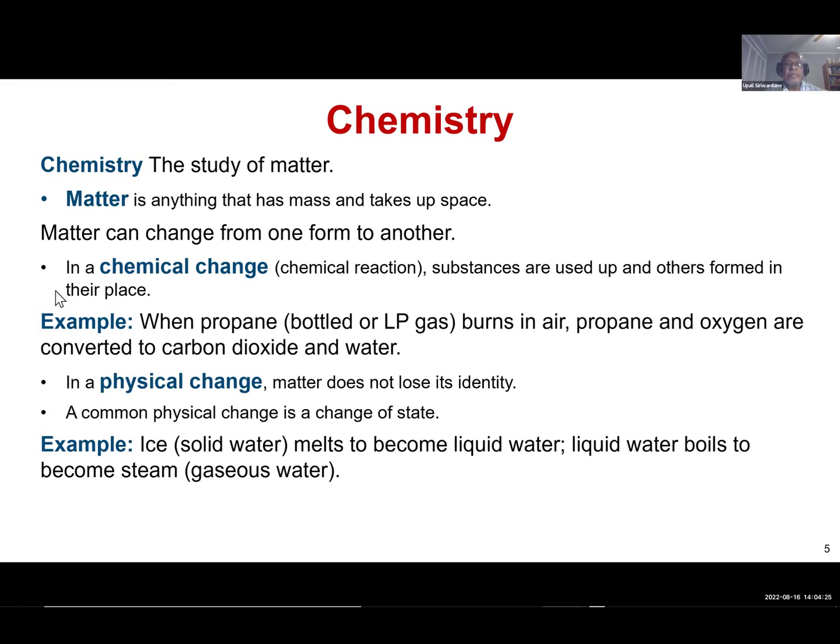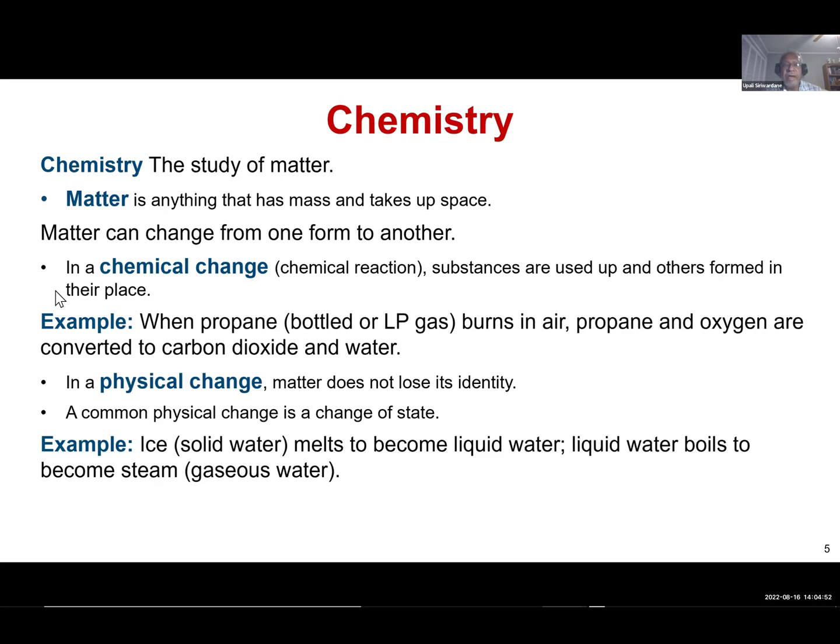Chemistry is studying matter and its changes. Matter could be classified into so many things. Elements, compounds. Elements have one kind of atom. Compounds have two or more elements in combination.